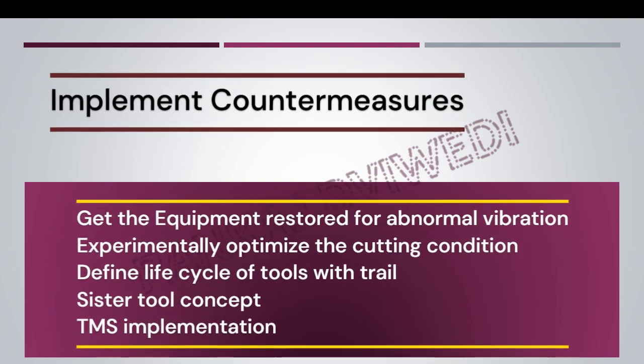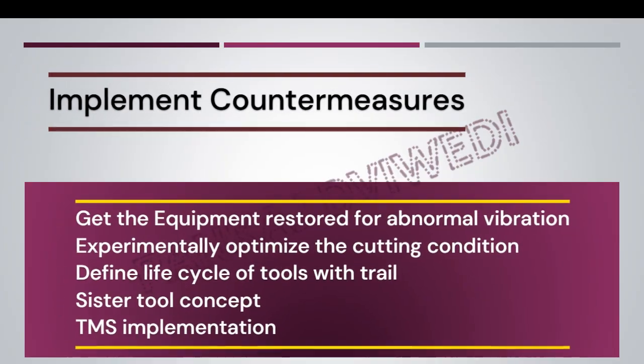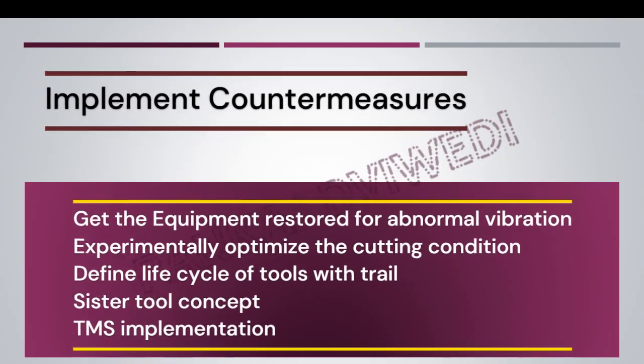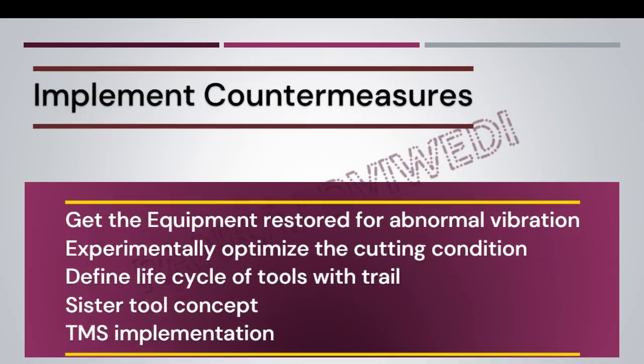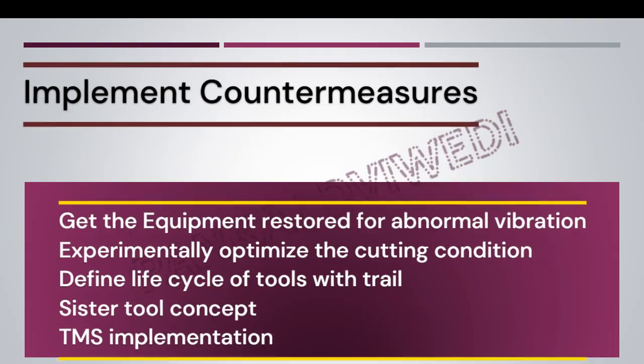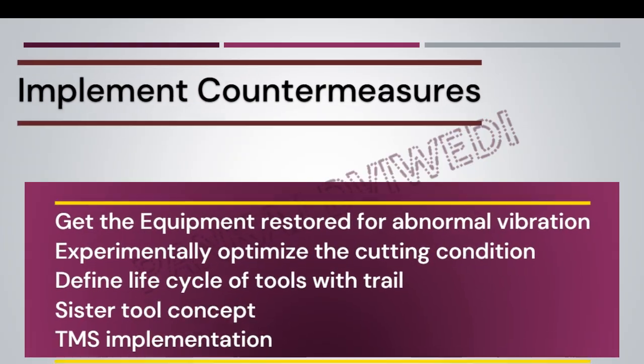Also, there is a concept of sister tooling. For example, you have a VMC, HMC, or even a turning center. So you have 24 pockets, 20 pockets, or even more pockets in your machines.